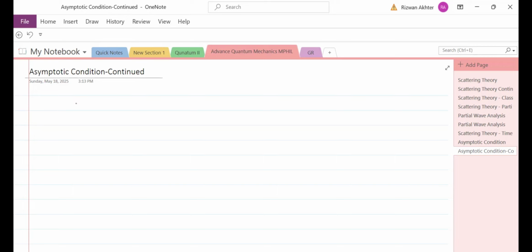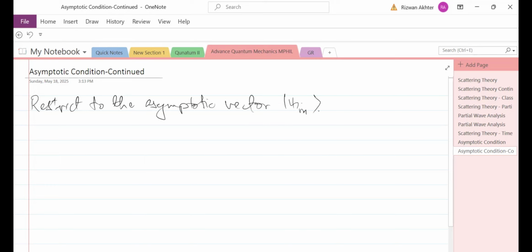So we restrict ourselves to the asymptotic vector psi in as a Gaussian function.